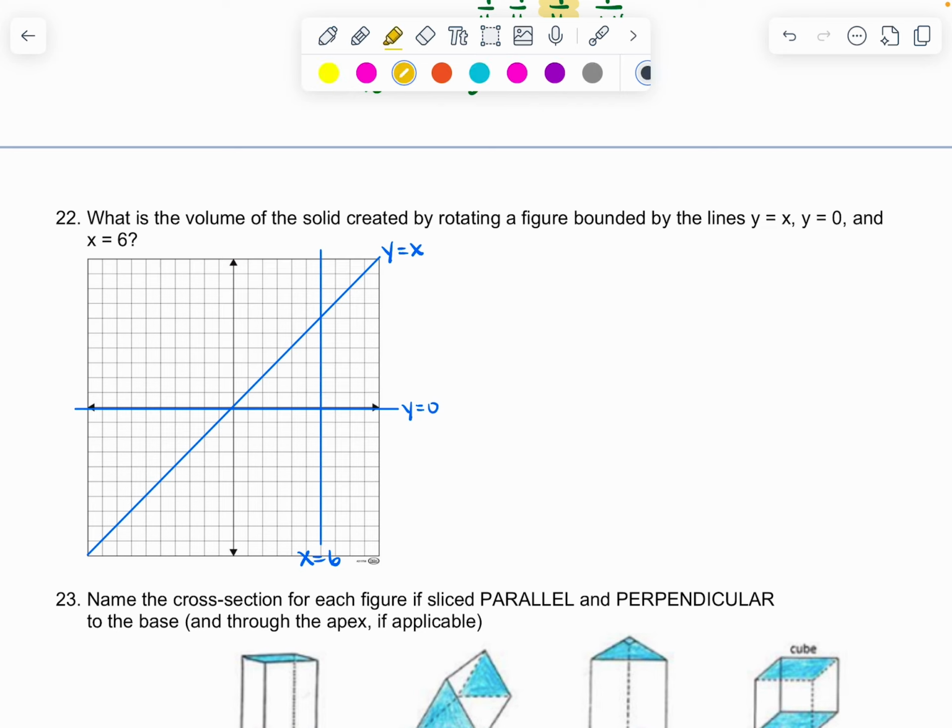So we want the 2-dimensional shape that's being bounded by these 3 lines. And I'm hoping you can clearly see that the shape being bounded by these 3 lines is a right triangle. And of course, I did fail to tell you which axis.